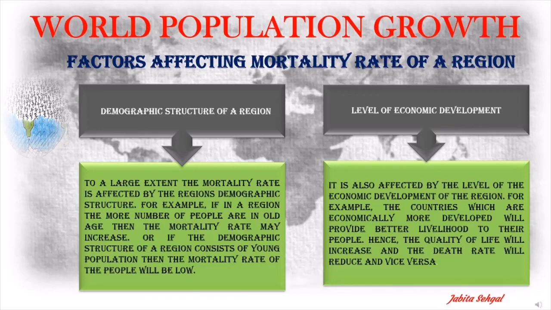For example, if in a region more people are in old age, then the mortality rate may increase. On the other hand, if the demographic structure of the population consists of young people, then the mortality rate will be low.